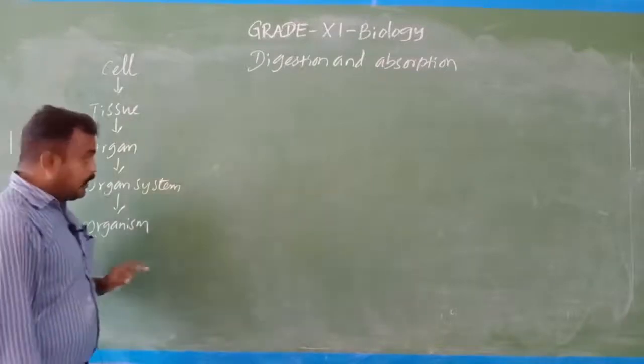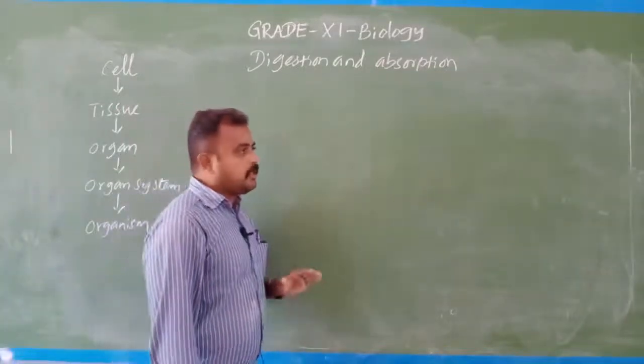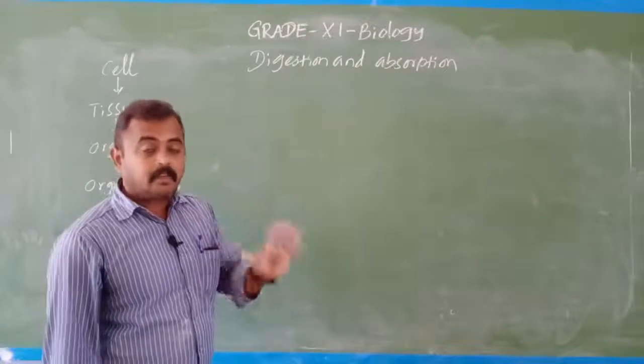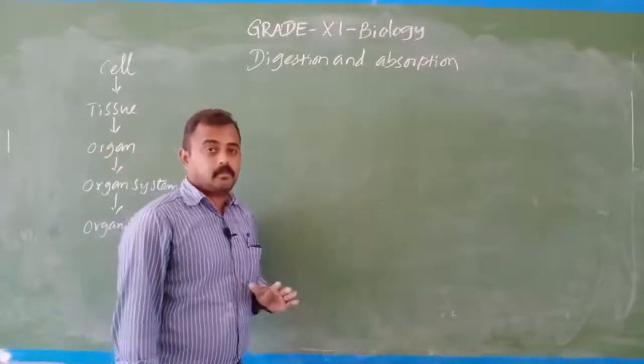Now in human beings we have 11 organ systems.